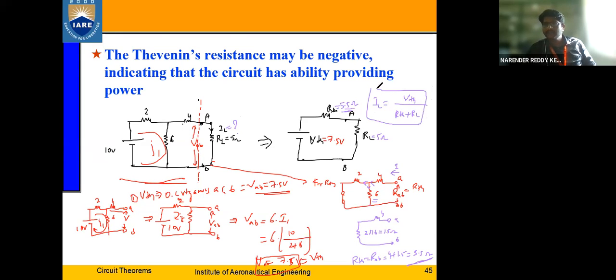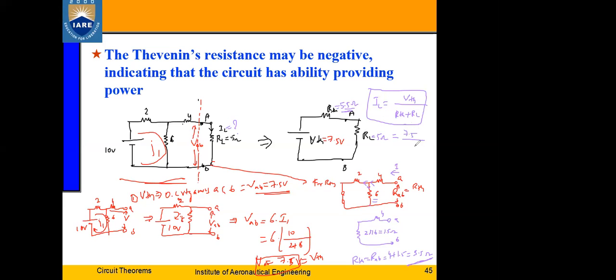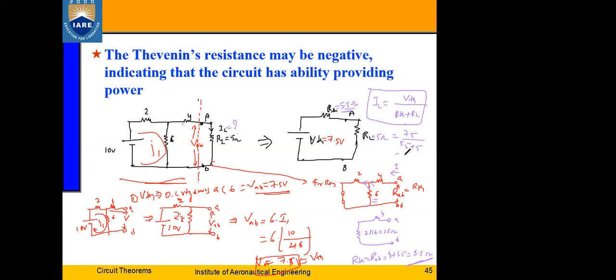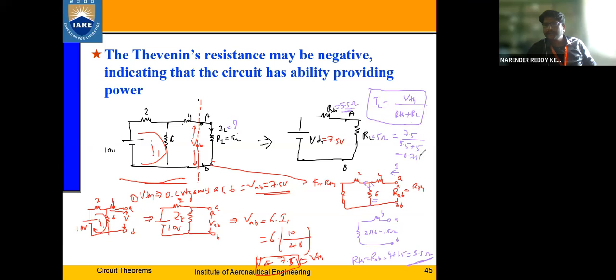Why? Because these two are connected in series. So what's the value I'm going to get for IL? What's the value of VTH? 7.5 by 5.5 plus 5. That will be 0.71 amperes.